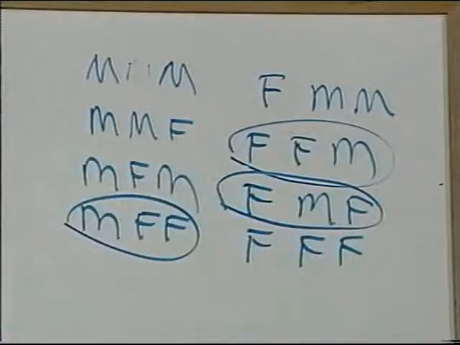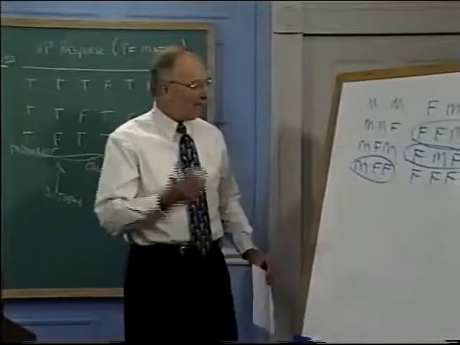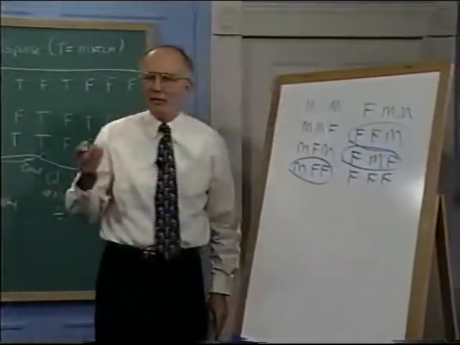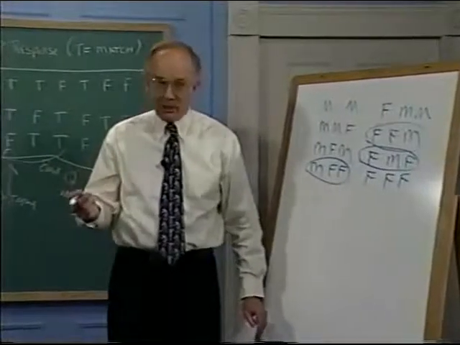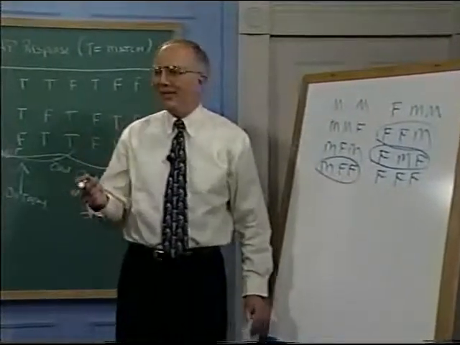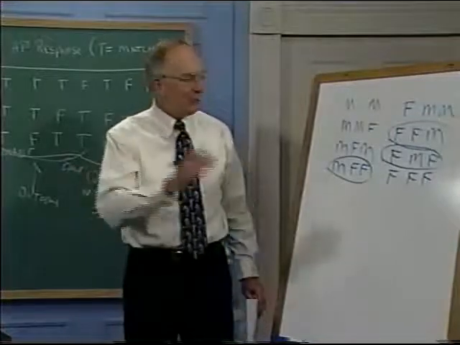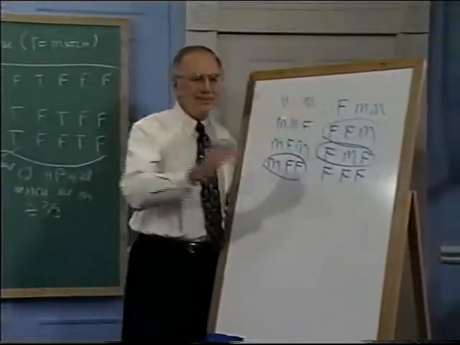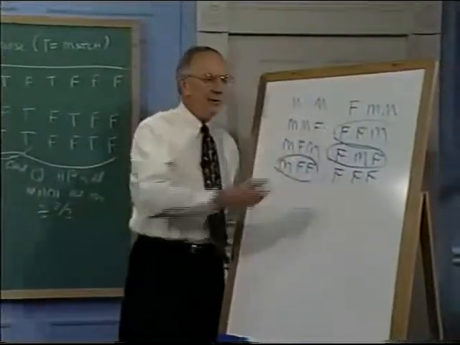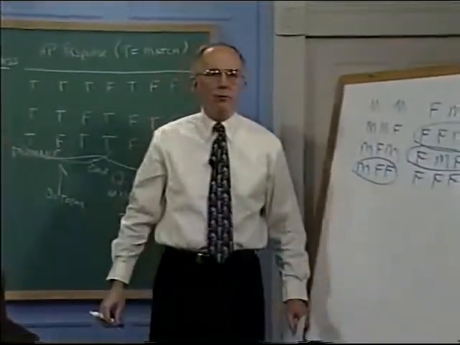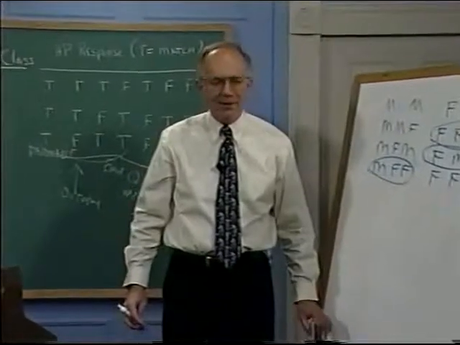So the answer to the question is the probability of having exactly 2 girls in a family of 3, assuming that it's equally likely on each birth to get a male or female, is 3/8. There's 8 possibilities, 3 of them work, so there's a 3/8 or a 37.5% chance of having 2 girls.